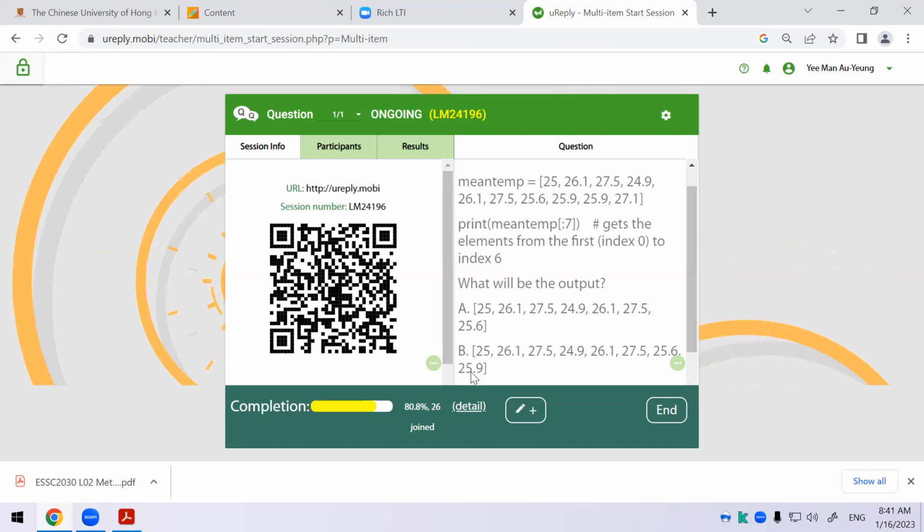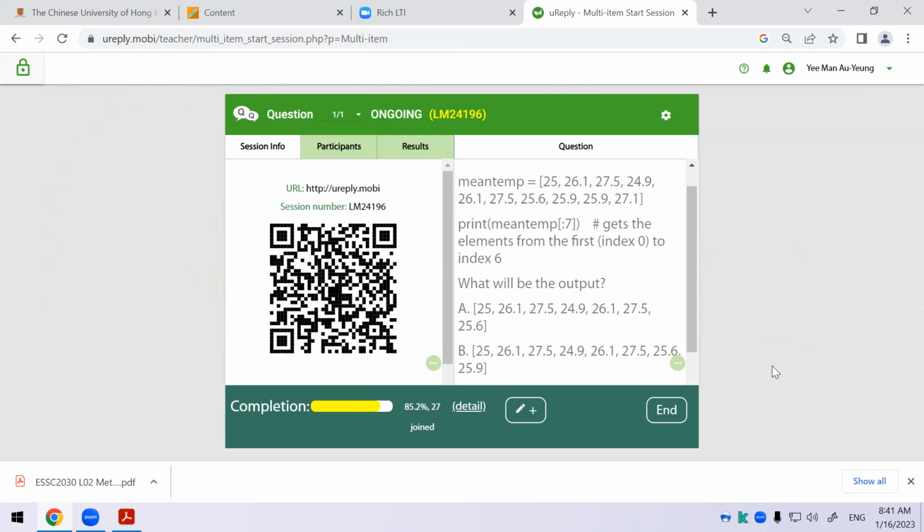The two answers are exactly the same except for the last one. I'll give you 10 more seconds.